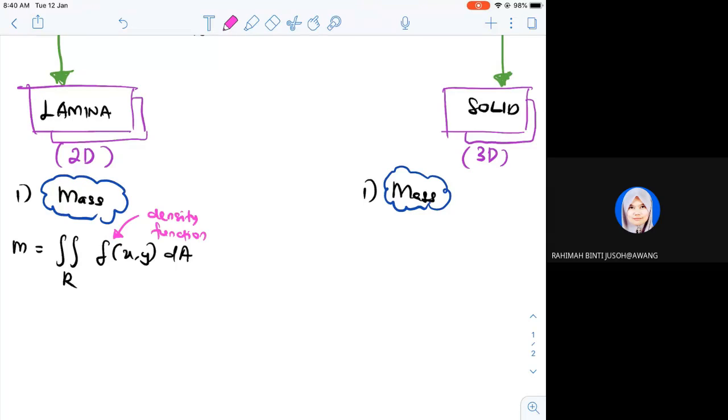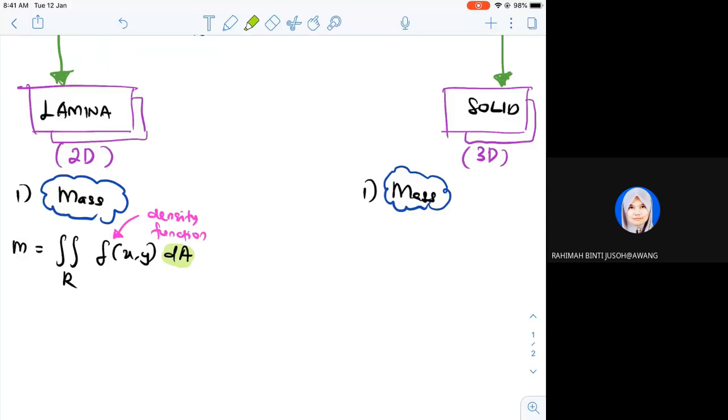Normally in the question, the density function will be provided. Okay. So again, dA can be dy dx or dx dy, or if you have circle, then your integration would be r dr d theta. If you use polar, dA can be either one. Either you use rectangular dy dx or dx dy, or you can use polar. So when polar, dA will become r dr d theta. Okay, so that is the formula of mass in 2 dimension.